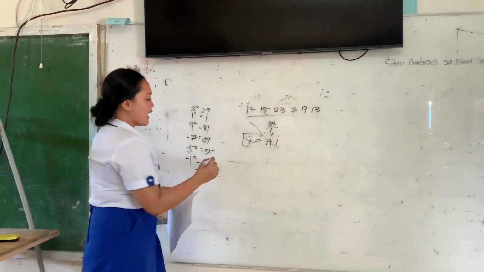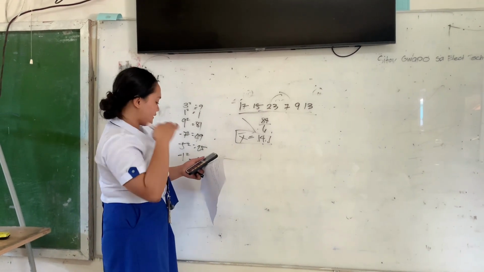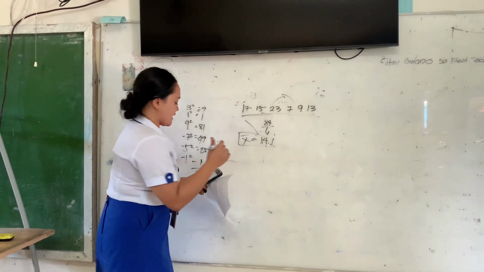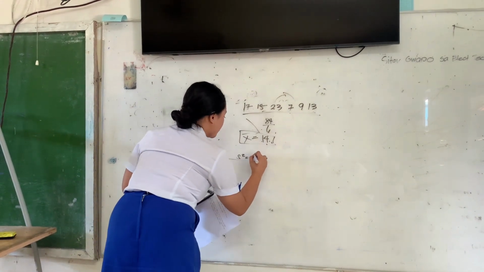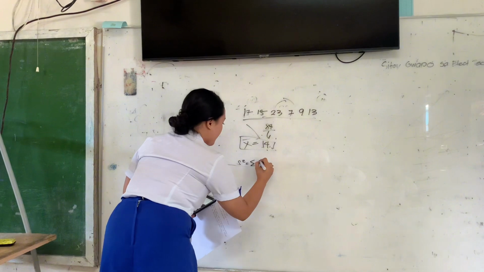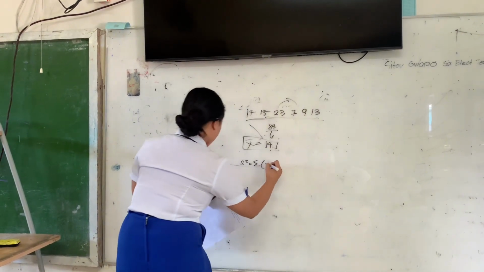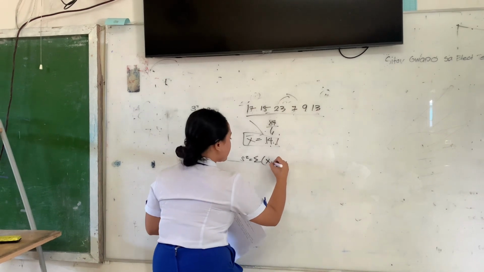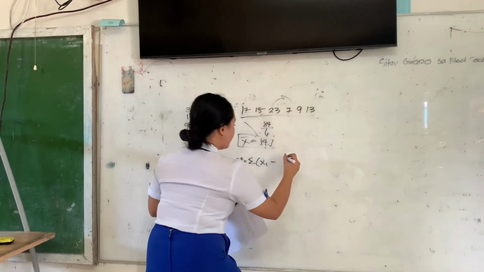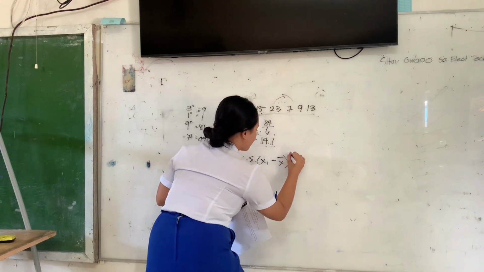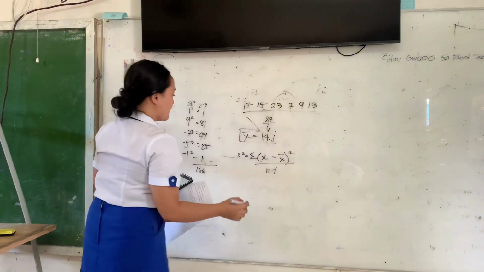But remember the formula of a variance: s squared equals the sum of each term in the data set minus the mean, squared, over n minus 1.